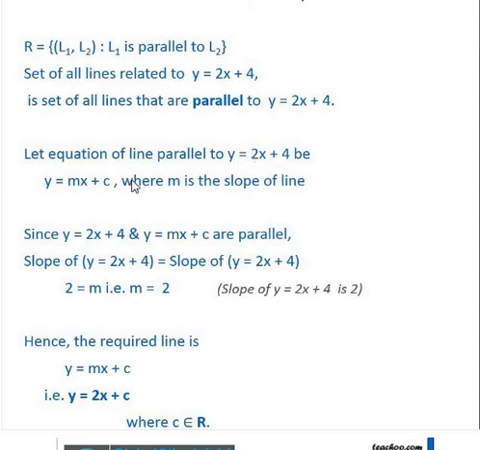But if this line is parallel to y equals 2x plus 4, then they must have the same slope, so m is equal to 2. Therefore, the family of lines which are parallel to y equals 2x plus 4 is y equals 2x plus c, where c belongs to R.